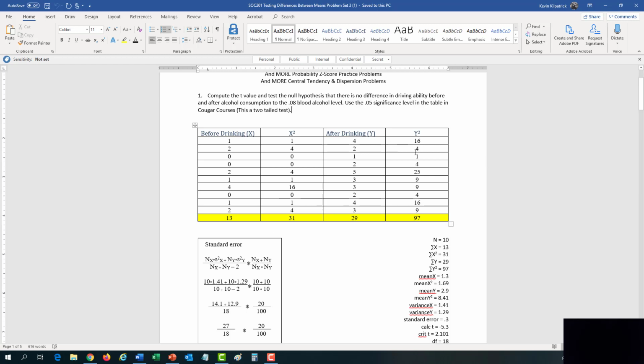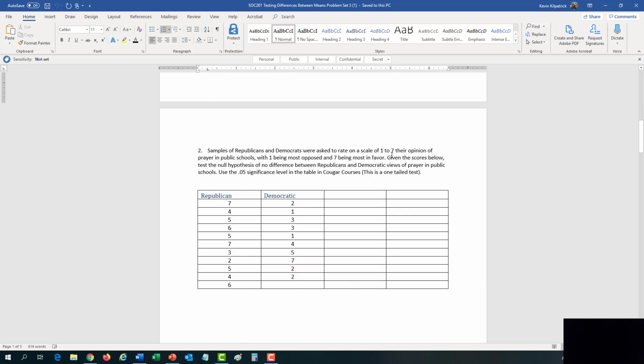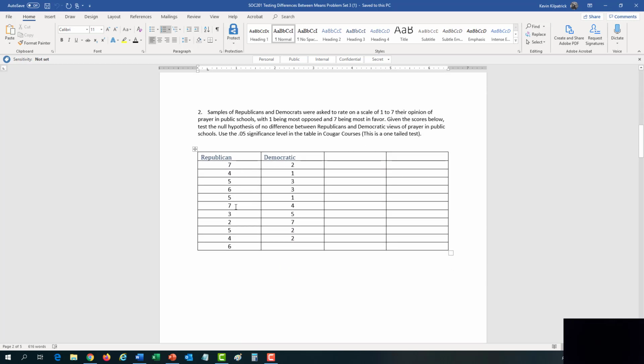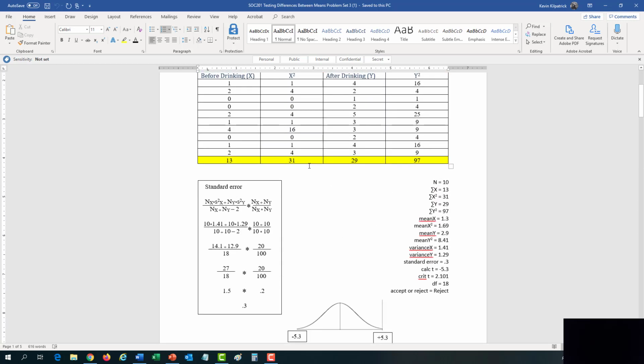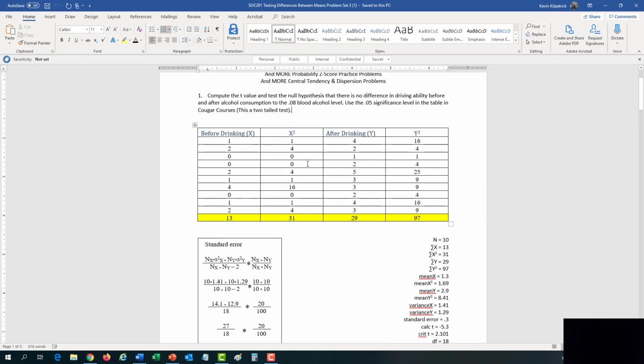When you get a problem, you're going to have just 2 columns of numbers. Remember that in this one, it's Republicans and Democrats. Republicans will be column X, Democrats will be column Y. So in this first problem, I have a column for before drinking and a column for after drinking.